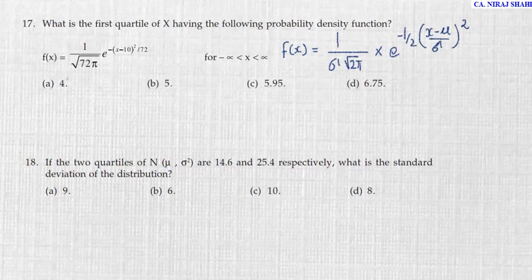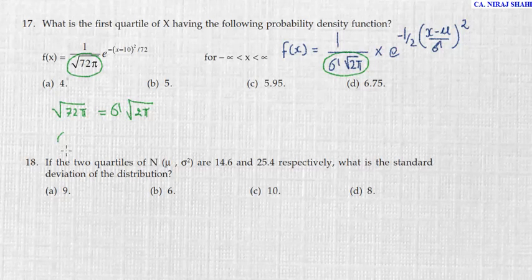Okay, now let's compare it. So here we have under root 72 pi in the denominator, and here we have sigma under root 2 pi in the denominator. Let's equate both the denominators. So under root 72 pi is equal to sigma under root 2 pi. Let's take square on both the sides.